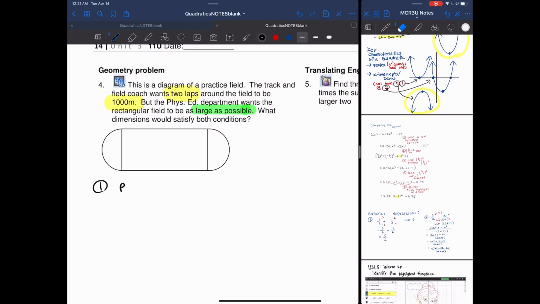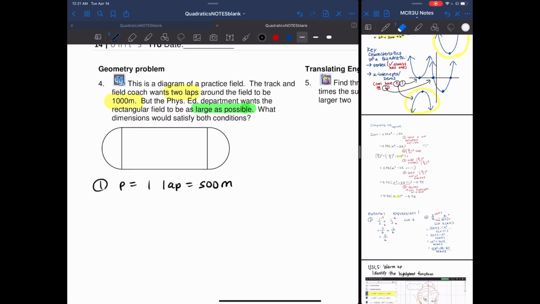So the perimeter is the distance around the outside, and they said that 2 laps is going to be about 1,000 meters all around, right? So that means 1 lap is going to equal 500 meters. That's my first information that I know. Let's break that even further.